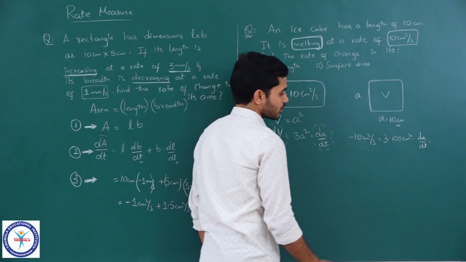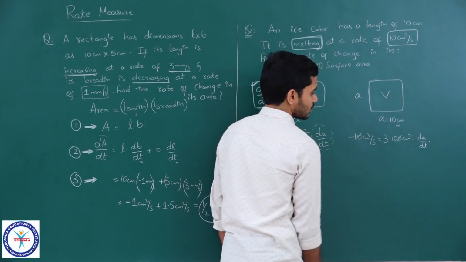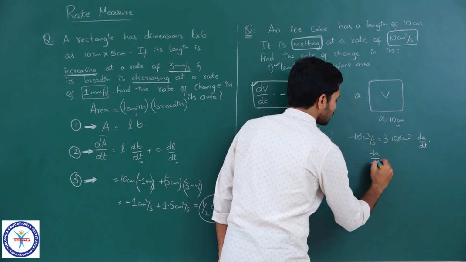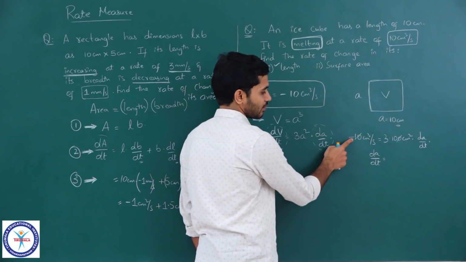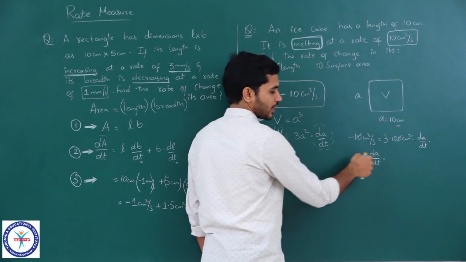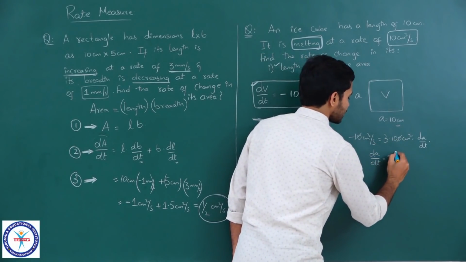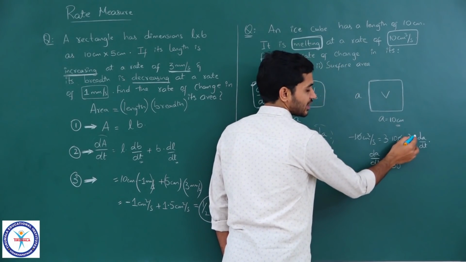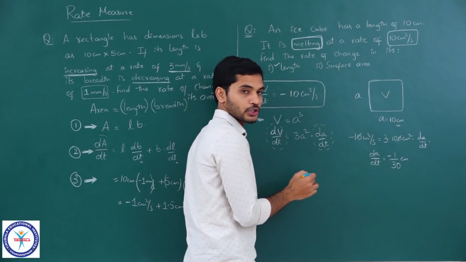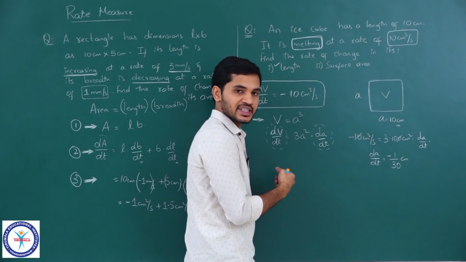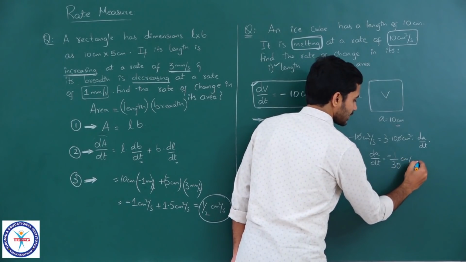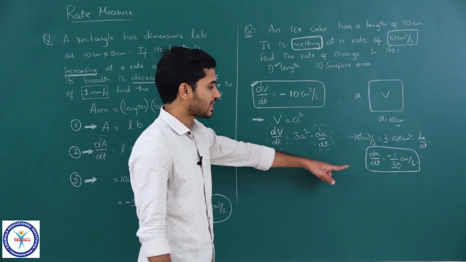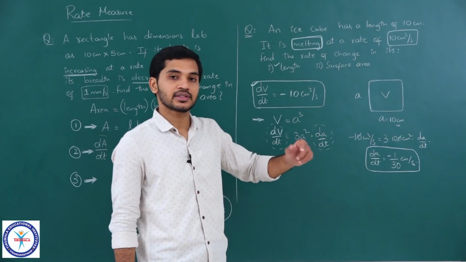So, what do we get by simplifying this? 10 and 10 here get cancelled, and I will finally get dA by dt is equal to minus 1 by 30 centimeter. Here we have centimeter square, here we have centimeter cube. So, we will be left with centimeter per second. So, that is the answer, that is the rate at which its side length is changing.